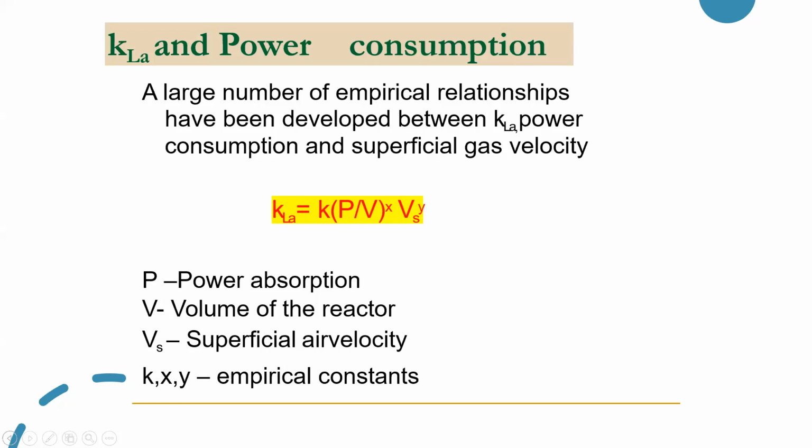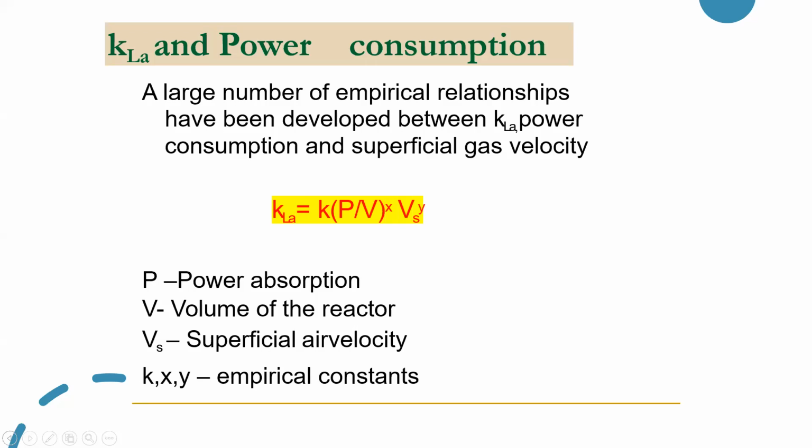This equation tells me the relationship and the effect of power consumption on KLa and OTR. It shows that KLa is equal to K into (P/V) to the power X into Vs to the power Y. What is P? P is my power input, V is the volume of the reactor, Vs is the superficial air velocity, and K, X, Y are empirical constants.